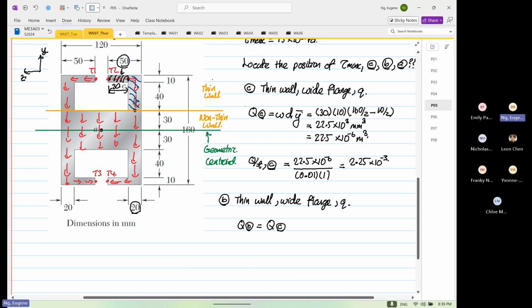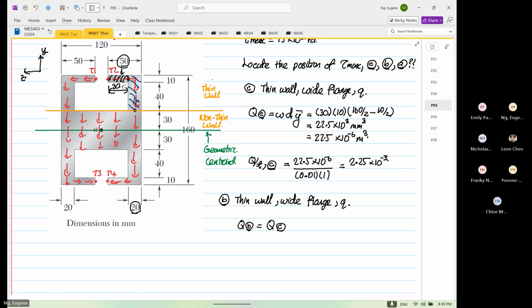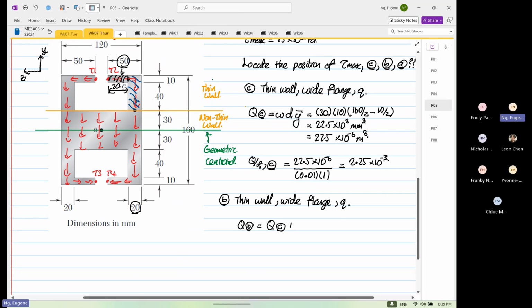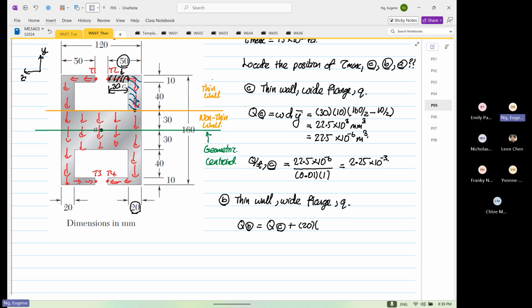Okay, so Q at point B is Q at point C plus the width is equal to 20. The depth is equal to 50.